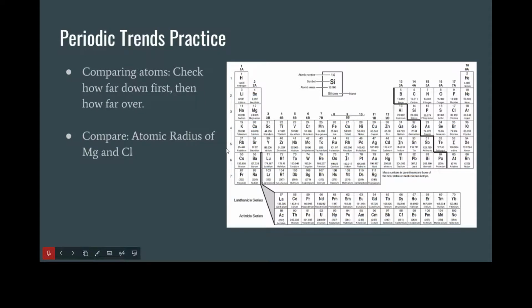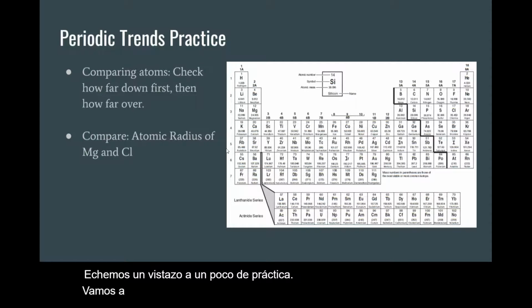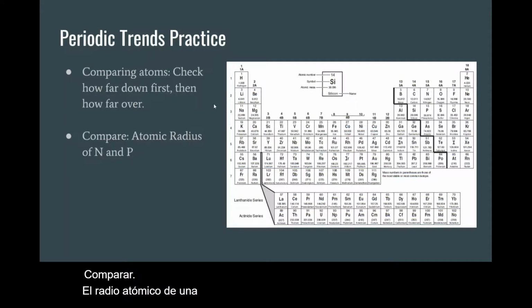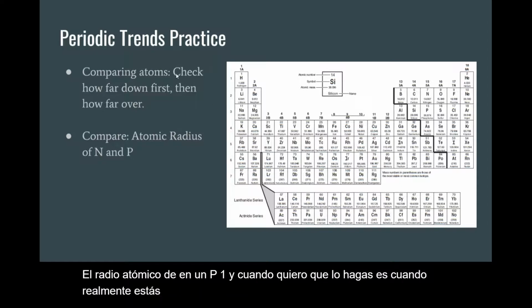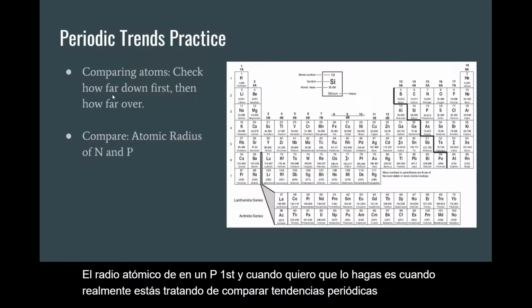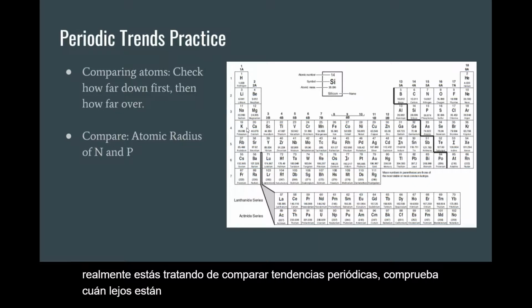So let's take a look at some practice. Let's compare the atomic radius of N and P first. And what I want you to do is when you're actually trying to compare periodic trends, check how far down the elements are first, in other words, what row they're in, and then how far over they are, what column they're in.